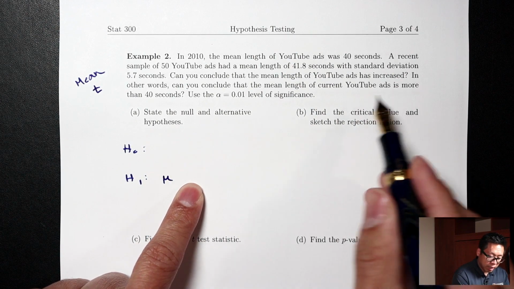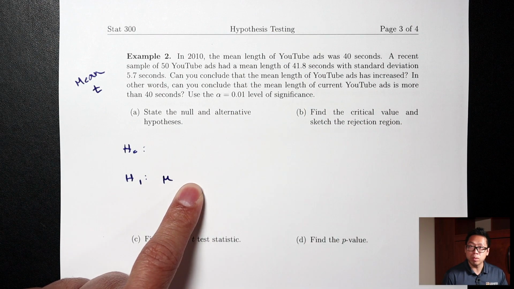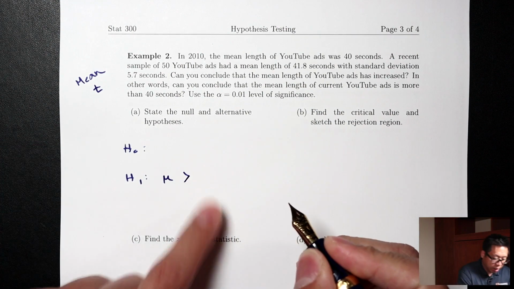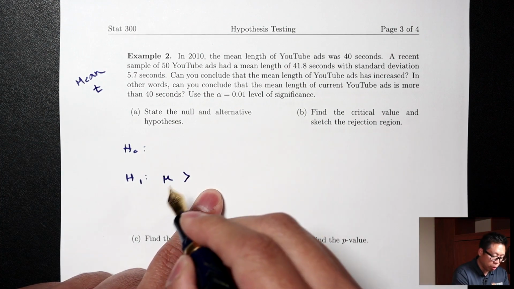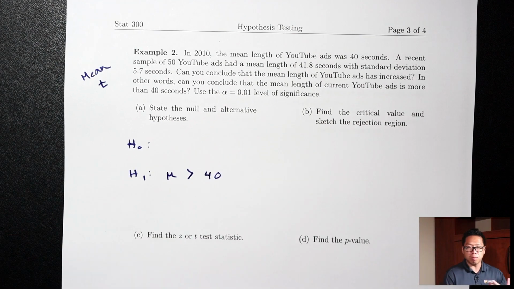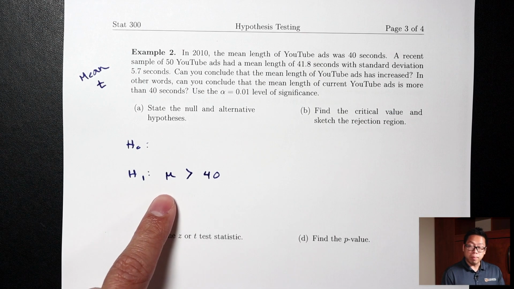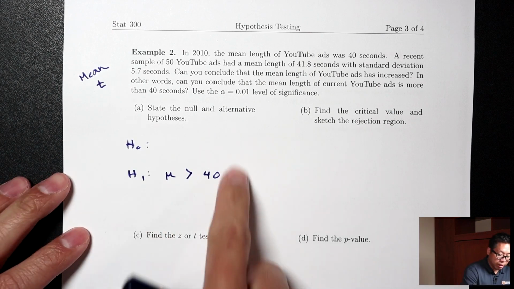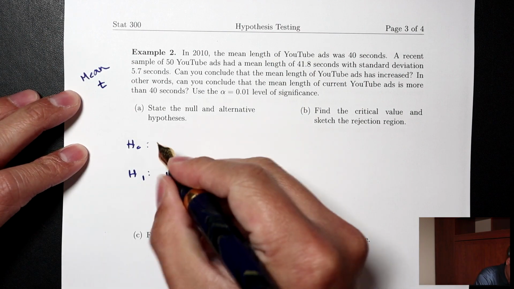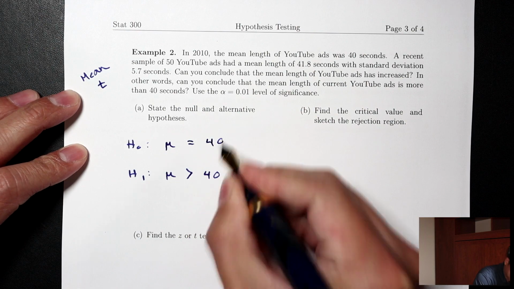The question is saying, can you conclude that the mean is more than 40? So more means greater than, and it says more than 40, so greater than 40. For means, we don't convert to decimals or anything. That's H1. H0 will be exactly the same, except with an equals in the middle. So this will be mean equals 40.